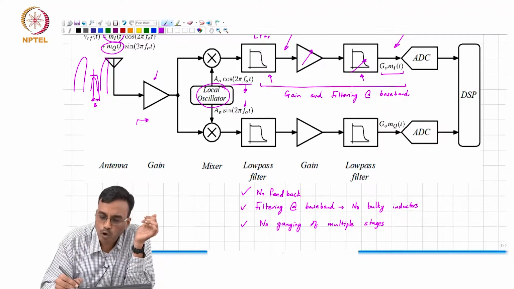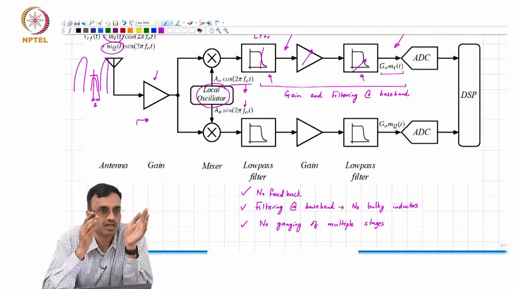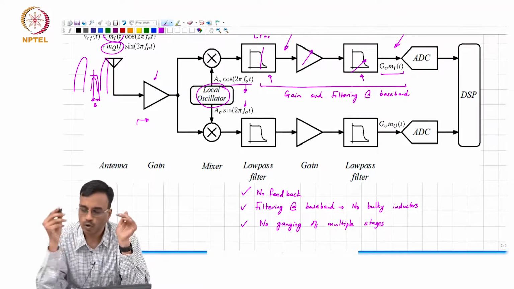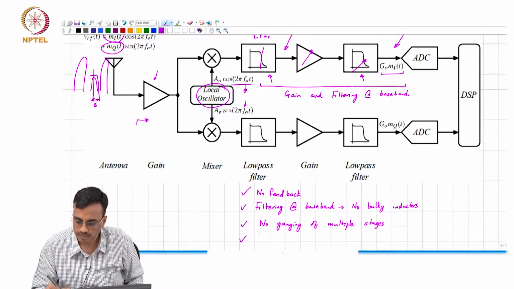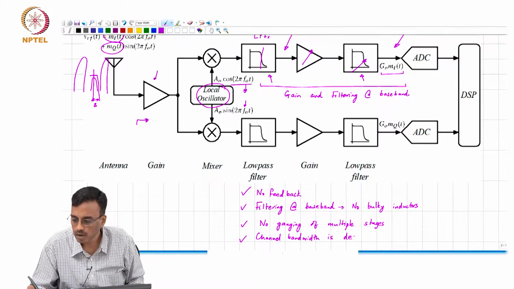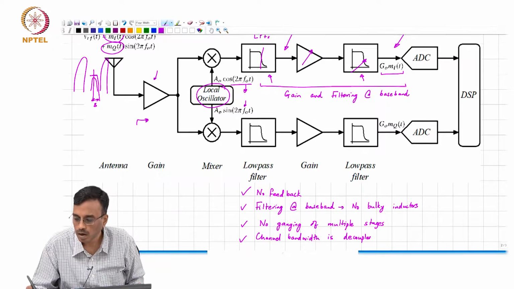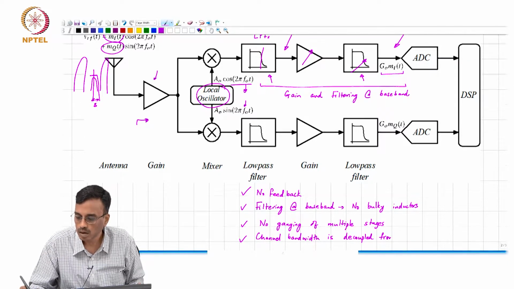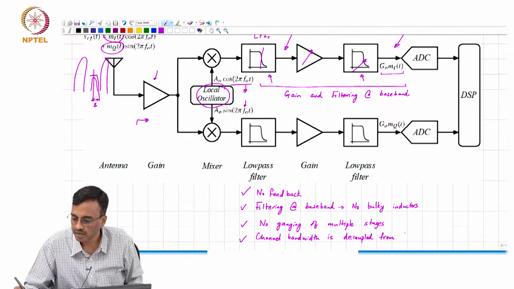It's the bandwidth of the low pass filter, which is responsible for selecting the channel that you want. So the channel bandwidth is decoupled from the center frequency.